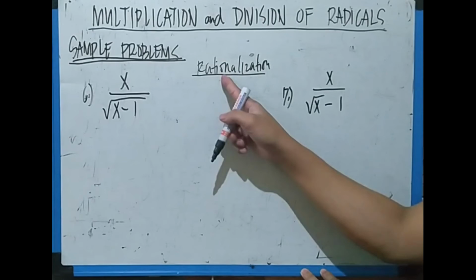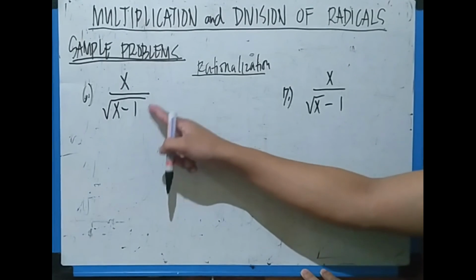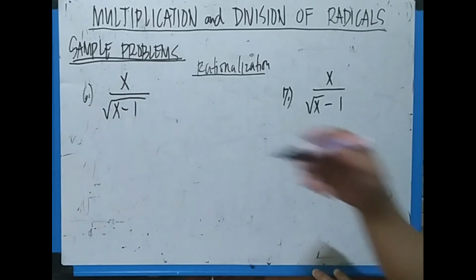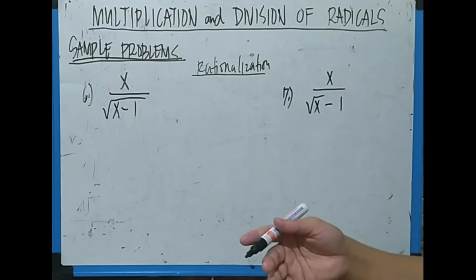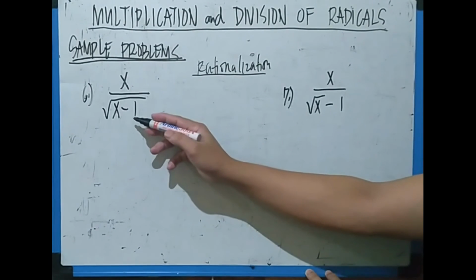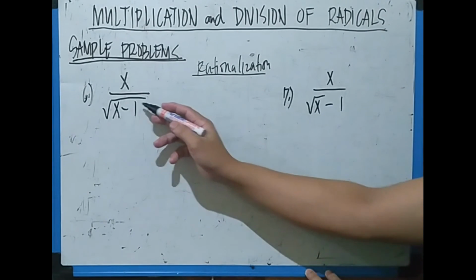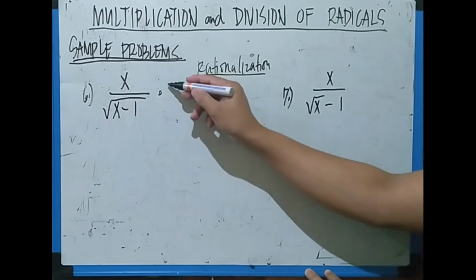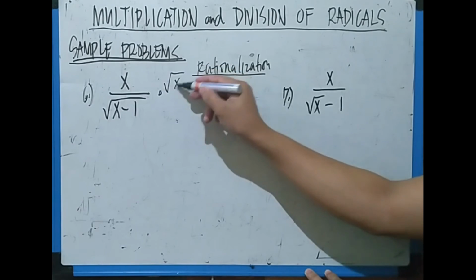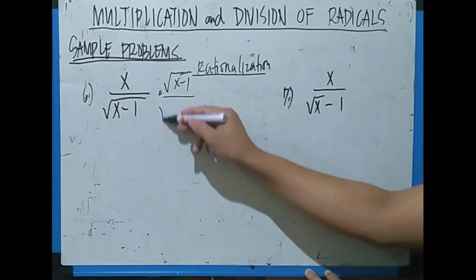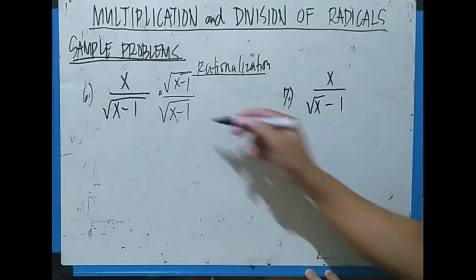Ang rationalization is kailangan ma-eliminate lang natin yung radical symbol na nasa baba by means of multiplying a certain number para ma-eliminate siya. So in this case, kapag ganito ang problem natin, kasama yung x minus 1 sa baba, multiply lang natin siya guys by another square root of x minus 1. Kailangan kasama po siya. Square root of x minus 1.